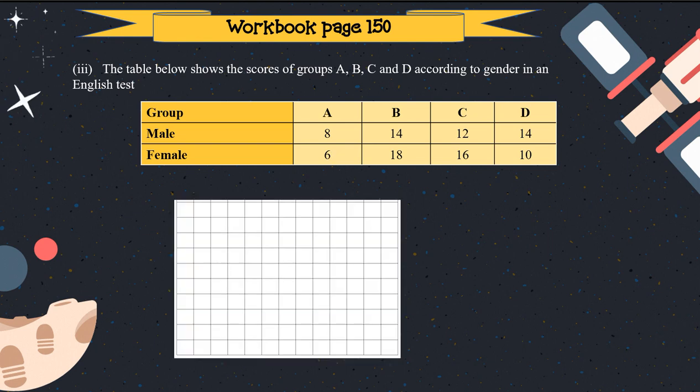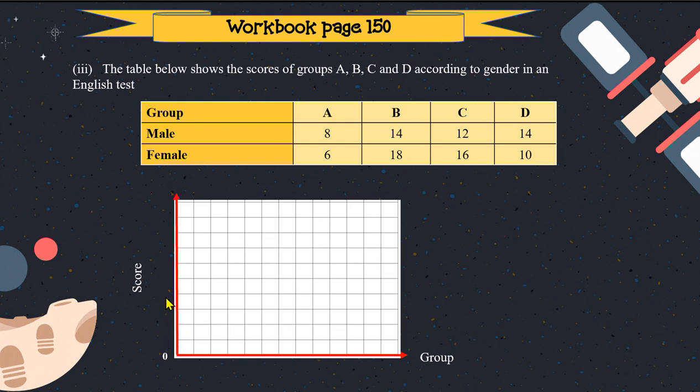Okay, so this is our square grid paper. So this is our vertical axis. The vertical axis we can write down as score, the score obtained for each group. You can write down the horizontal axis as the group. So the score we start at 0, and if you look at the score here, the smallest is 6 and the highest is 18.